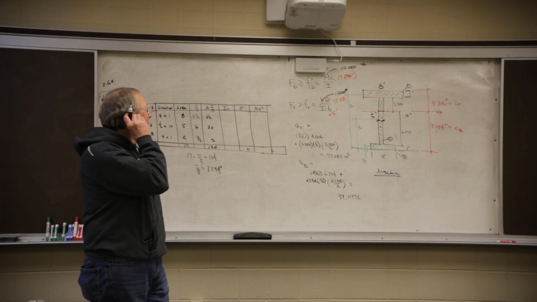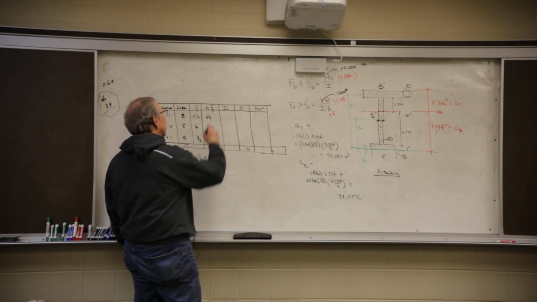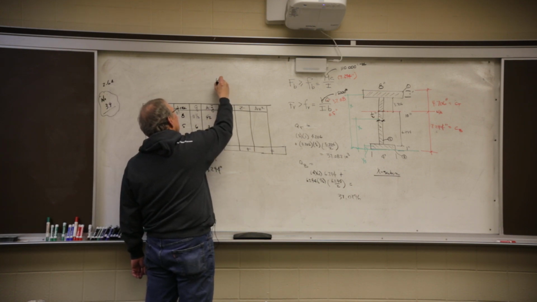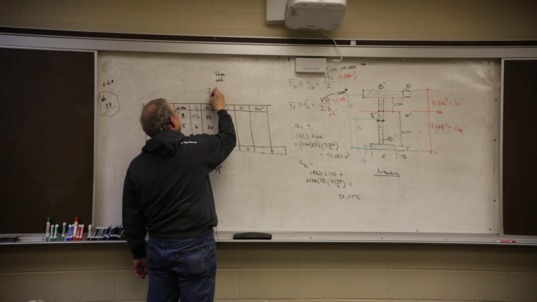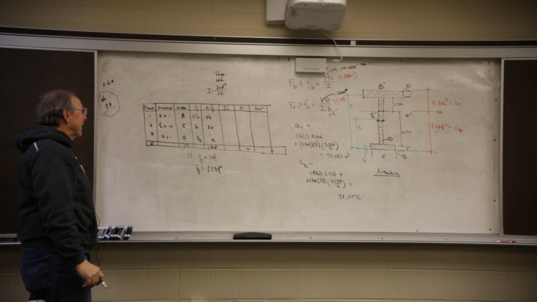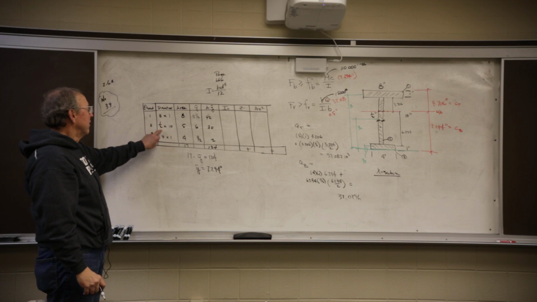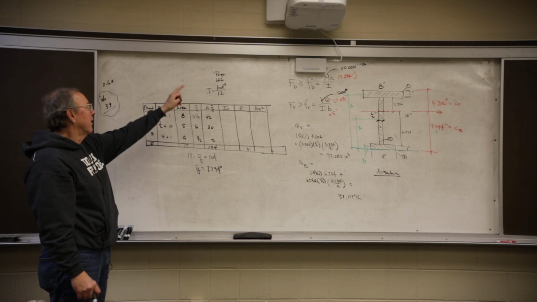So I've got, what, 3 rectangles? If you go back to page 666 in your book, you're going to see a little picture, and it's got I equals BD cubed over 12 for a rectangle. That's why I put these in this order. BD. You don't have to think about it.